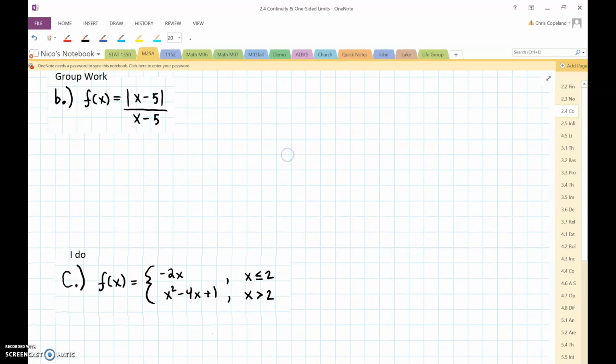Let's look at B. Okay, so we've graphed this function before. Before we graph it, let's look at the domain. So x can be any number as long as x is not 5.